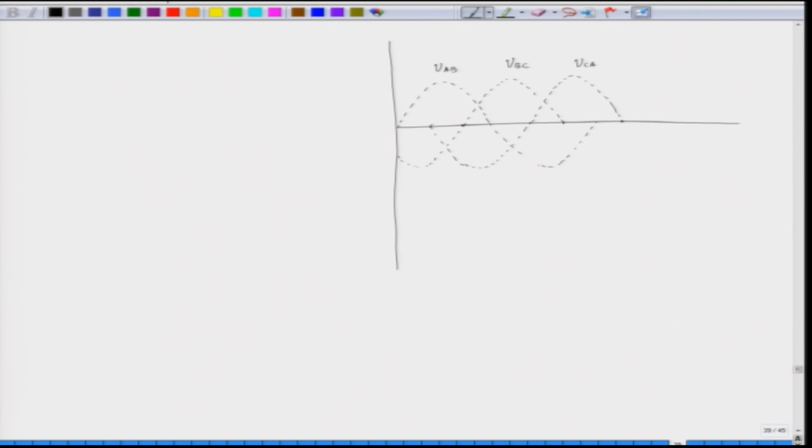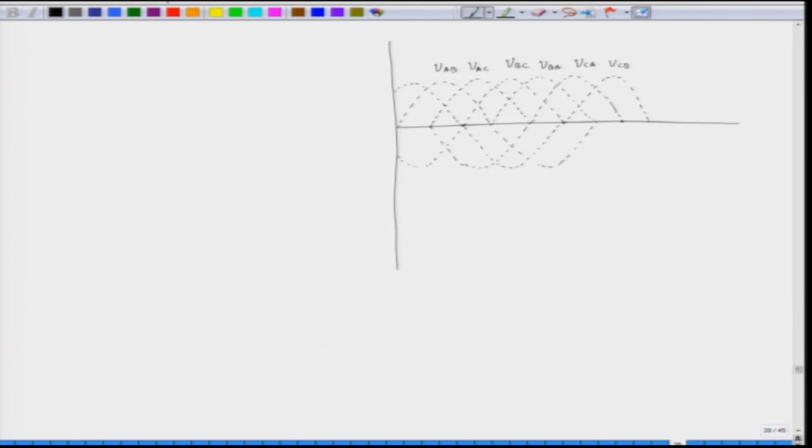And then we also have the inverse of that. So, this voltage is VAC, and then we have inverse of this voltage, that is VBA, and then we have inverse of this voltage, which is VCB, and we can also draw the negative side of these voltages.